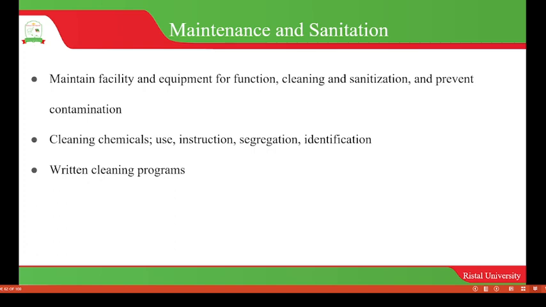Then also, good manufacturing practices requirements cover maintenance and sanitation. We have to maintain facility and equipment for function, cleaning, sanitization and to prevent contamination. Then when we are using cleaning chemicals, we have to follow the instructions on the labels to avoid overuse or contamination.